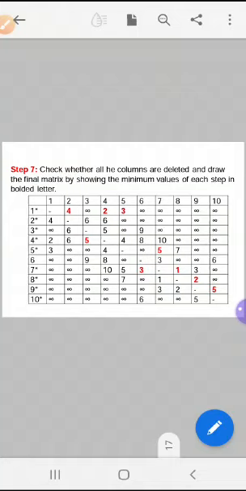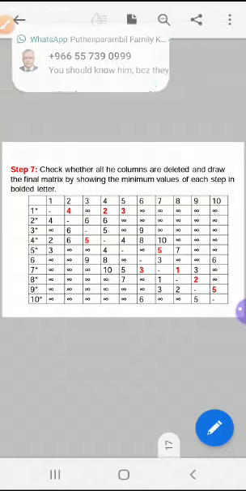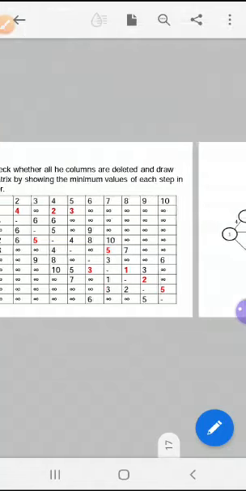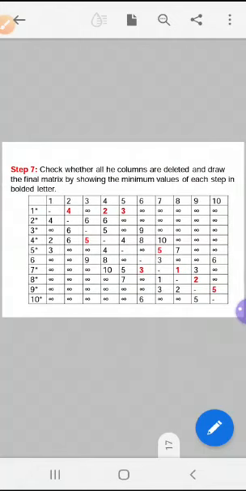Now for the next step, draw the final matrix by showing the minimum values of each step using a bold letter or red ink. Here I am using red color marks, and the minimum values are 4, 2, 3, 5, 5, 3, 1, 2, 5. Then the next step is to draw the spanning tree. So using this matrix, we can draw the spanning tree.